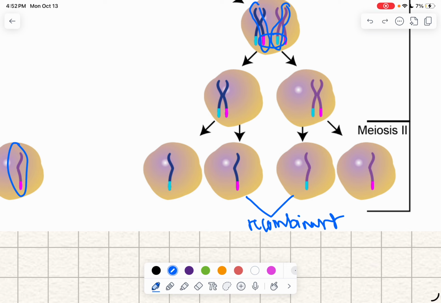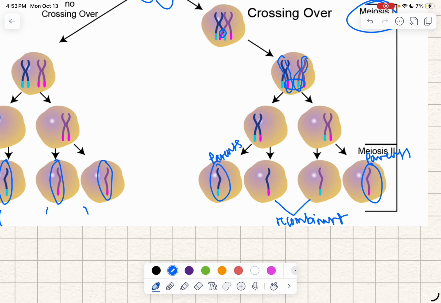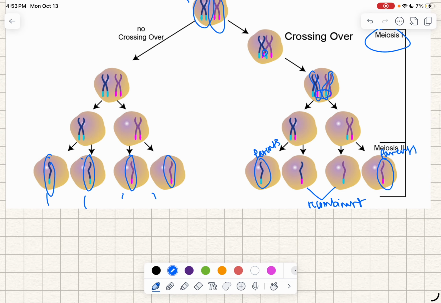I'll just call them recombinant gametes. We have 2 recombinant gametes. And then, because crossing over only occurs in 2 out of the 4 chromatids in a tetrad, the other 2 will look just like the parents. All right. Makes sense? Good.